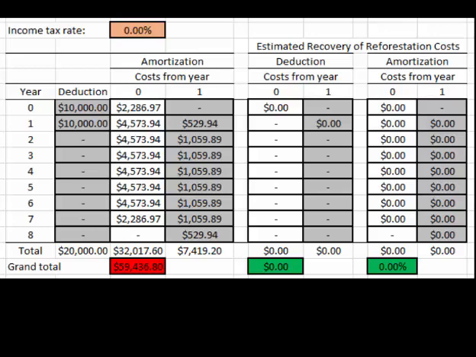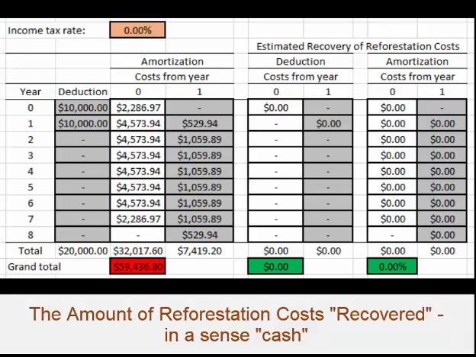So now we can look at the likely amount of estimated recovery of reforestation cost, or in a sense, the amount of reforestation cost offset through this federal tax reforestation deduction and amortization program.